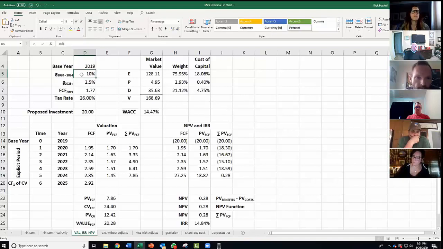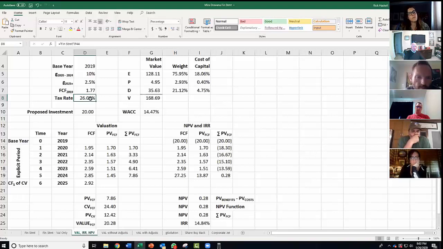I'm telling you that the growth in years 2020 to 2024 is constant at 10%, that the growth beyond that is 2.5%, and that in 2019, we had a cash flow of 1.77. I'm telling you I've got a tax rate of 26%. I'm not going to go through WACC at the moment, but you'll recognize all these numbers for WACC. They come from Mira Dravana. Okay? And by the way, this 1.77 comes from Mira Dravana as well.